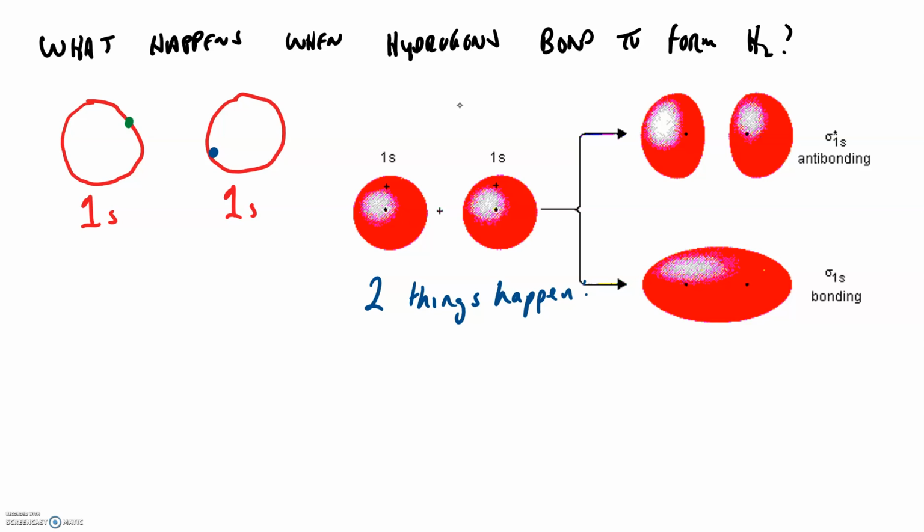Half the time the two orbitals combine to form a nice space in between the nuclei where the electrons exist. We're going to call that a bonding orbital. And since this exists in line with the molecule, it's a sigma bond. So we're going to call that a sigma 1s. And since it is an orbital that makes bonding easier, we'll call this the bonding orbital.